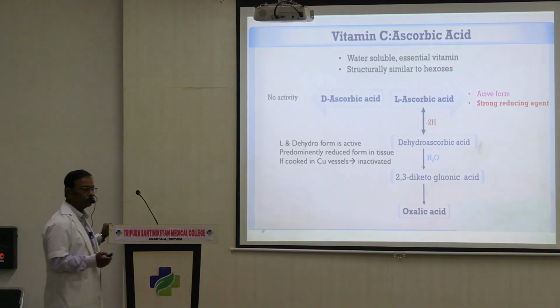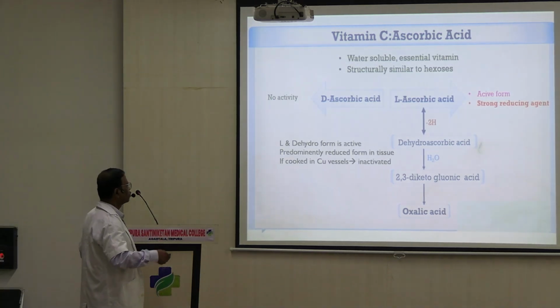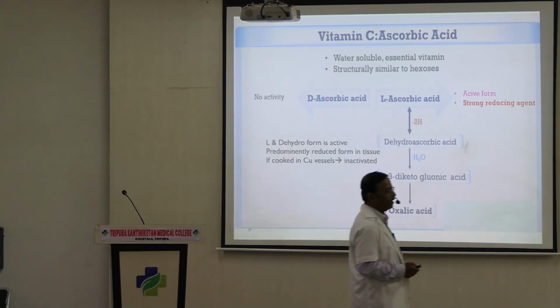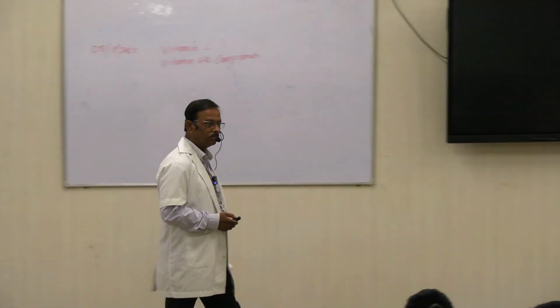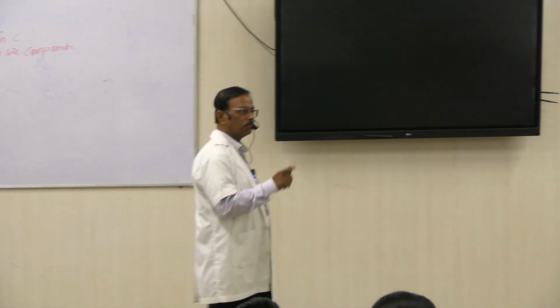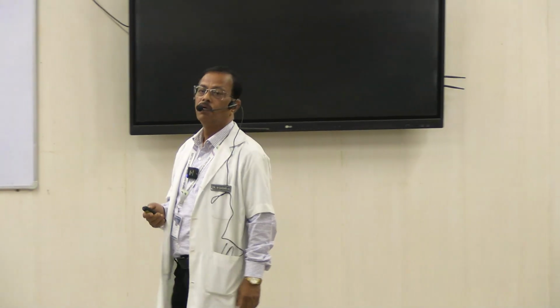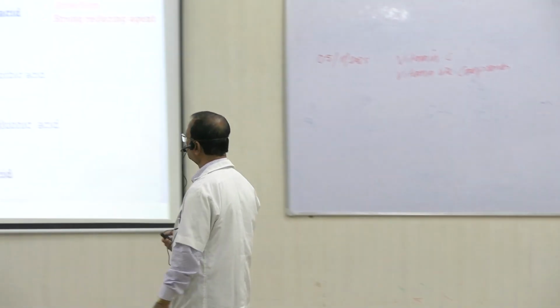It is found in two forms in the body, D-ascorbic acid and L-ascorbic acid. While we studied monosaccharides, we discussed isomerism. In isomerism there is a D and L form, capital D and capital L form of monosaccharide, glucose. Like that, here also there are two forms.